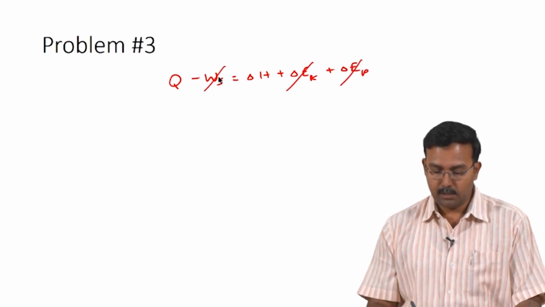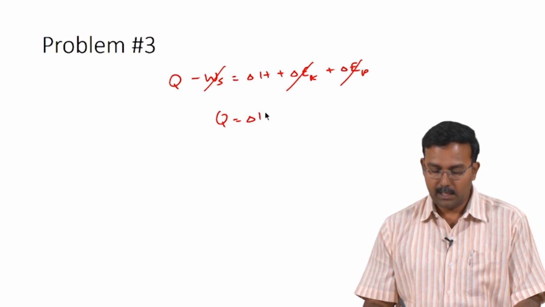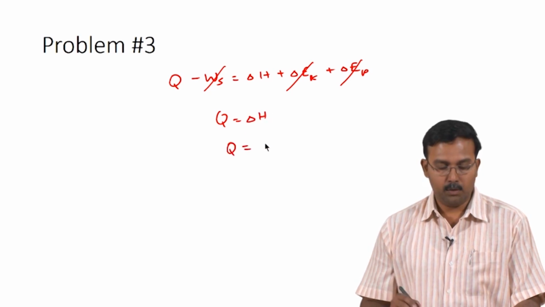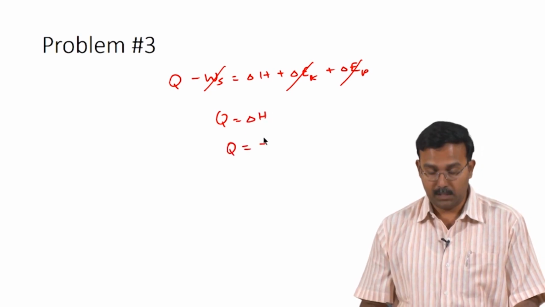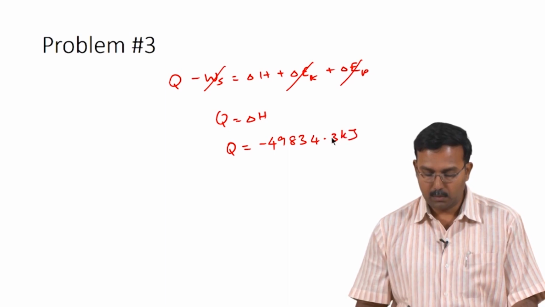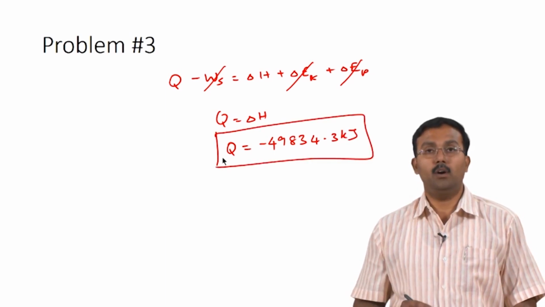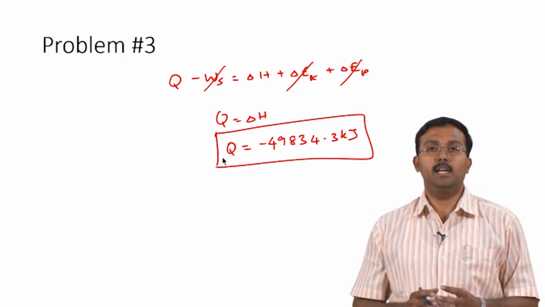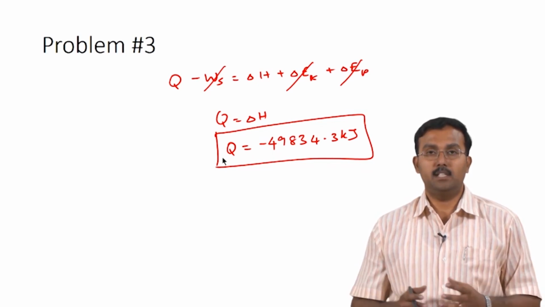So, this would give us Q equals delta H, and Q, which is the amount of heat supplied or removed from the system, would be minus 49,834.3 kilojoules. So, with this we have performed all the required calculations to get the amount of heat transferred.